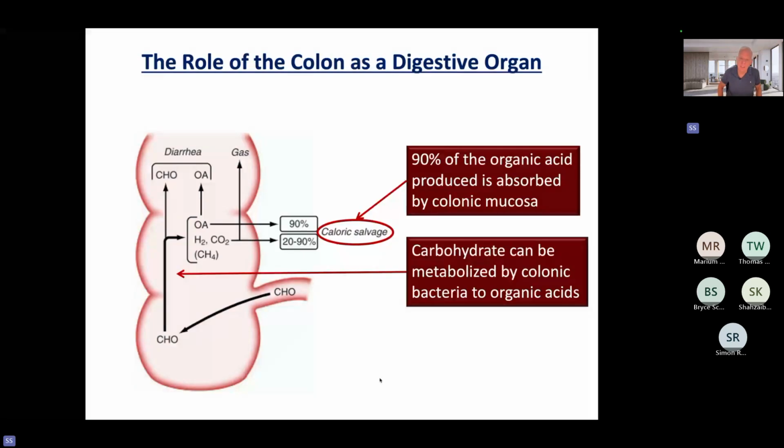The colon, as I mentioned, is a digestive organ. 90% of the organic acids produced as a result of bacterial fermentation of complex carbohydrates are absorbed by the colonic mucosa. And this carbohydrate can be used not only by colonocytes, but also can be absorbed into the circulation for energy requirements.